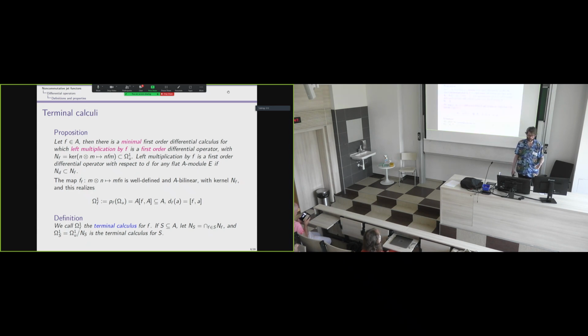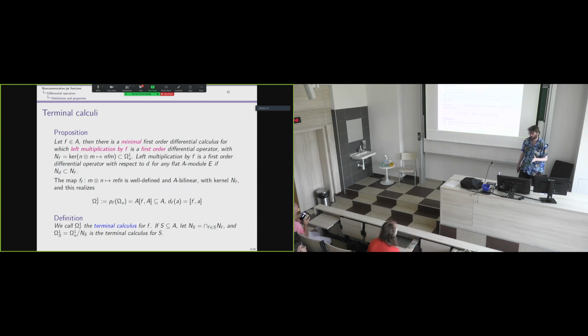So that's the differential relations for F. So in particular, you have this map which takes M tensor N to MFN inside A. And now M tensor N, actually it should be a sum because it should be in the kernel of the multiplication map, but I forgot to write the sum symbol here.